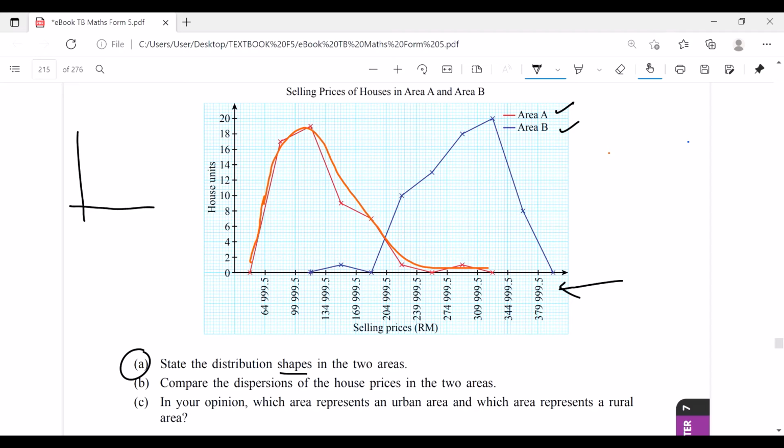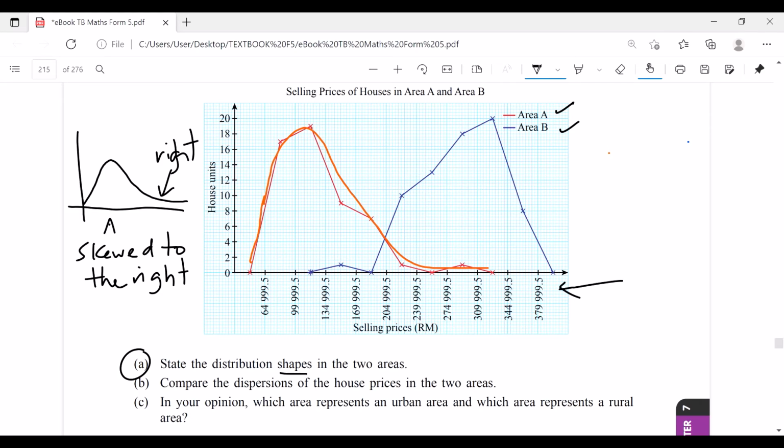Go up and then go down, there is a tail here. So for area A, the distribution shape is skewed to the right.